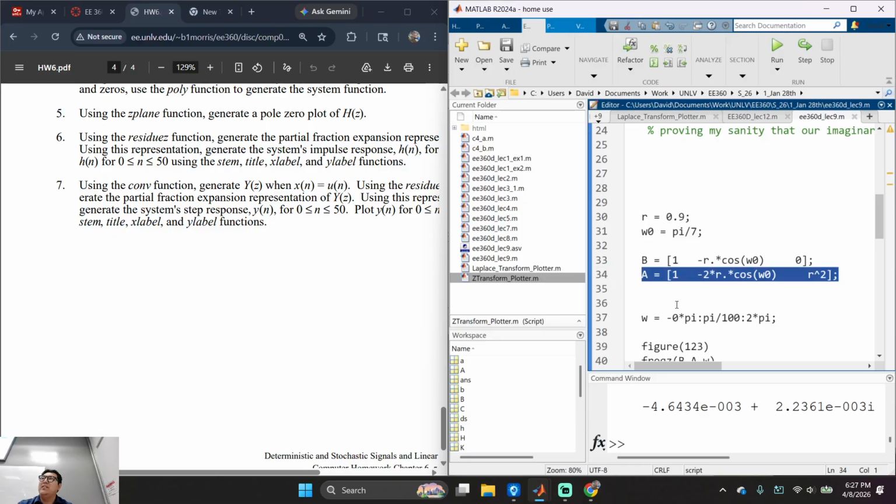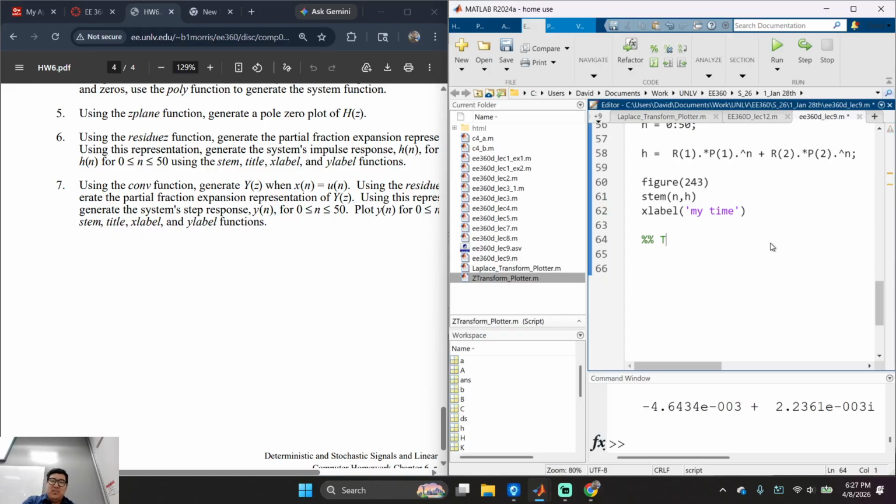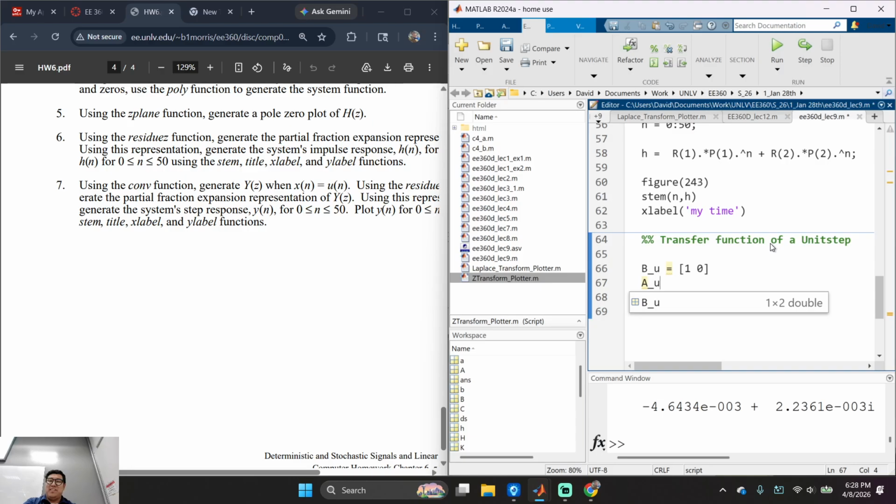Transfer function of a unit step. B, U, a unit step. Everyone understand what I'm doing?